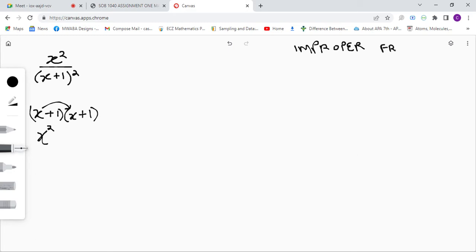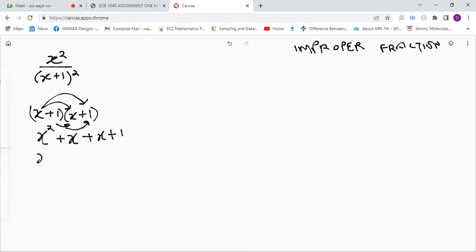So the first thing that we're going to do is long division. Let me continue expanding this expression so that we can divide. x times x is x squared. x times 1 is x. Then 1 times x is x again.